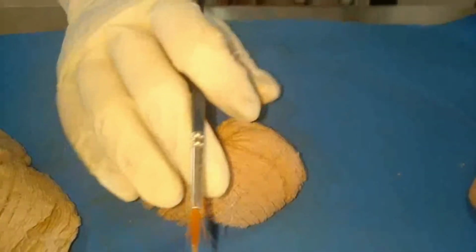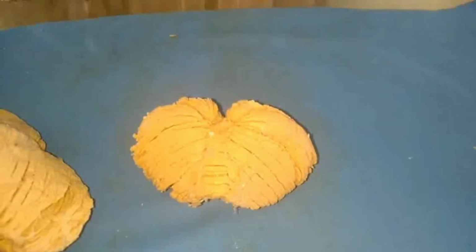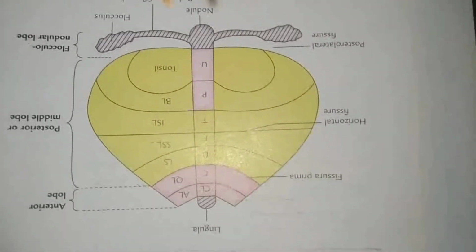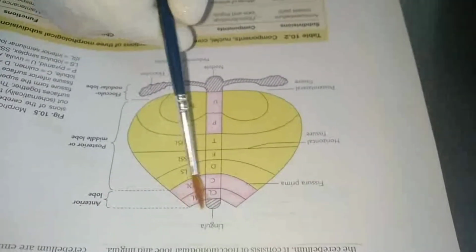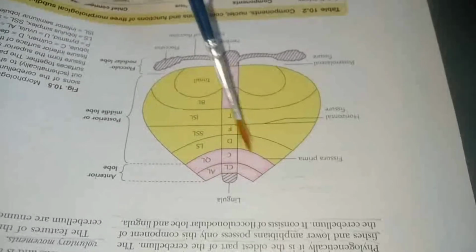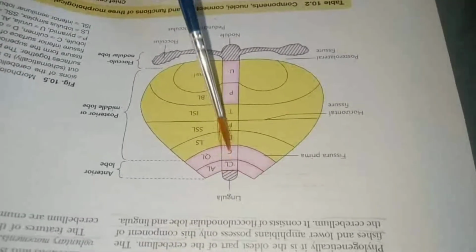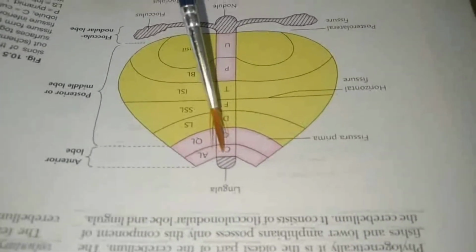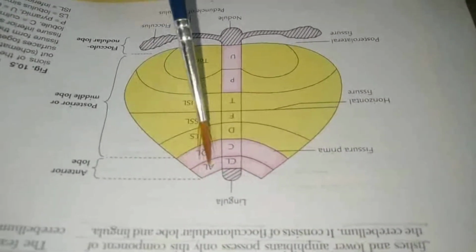For the anatomical division, let us see the book picture. From above downwards, you can see this lingula, which has no lateral projection. Then this pink portion is the anterior lobe. In the anterior lobe, from the vermis, first comes the central lobule, and its lateral projection is known as the ala.